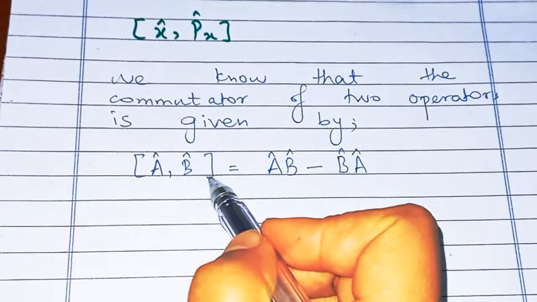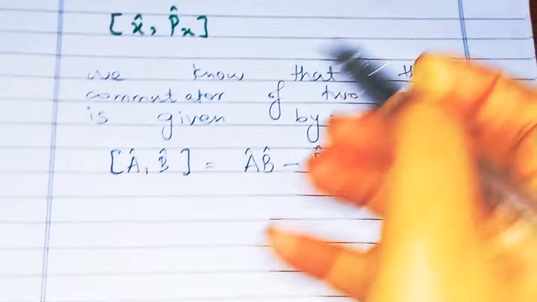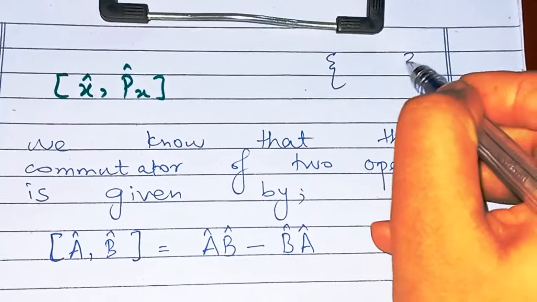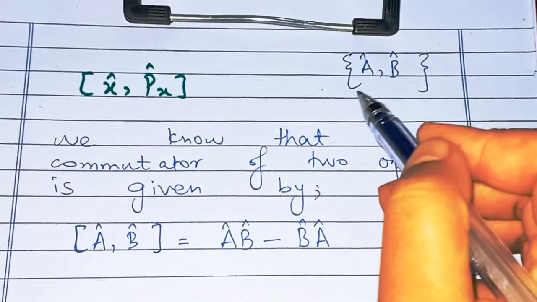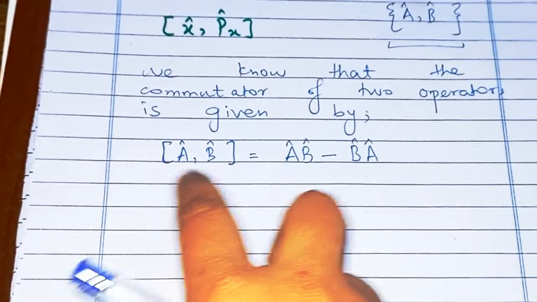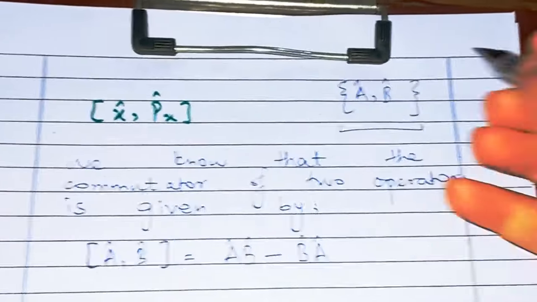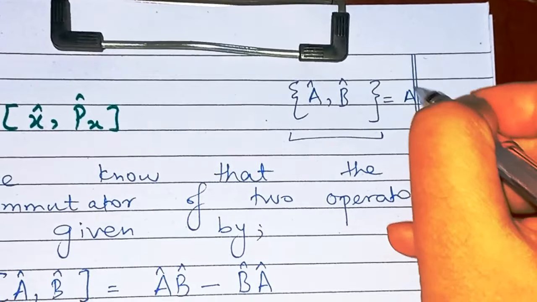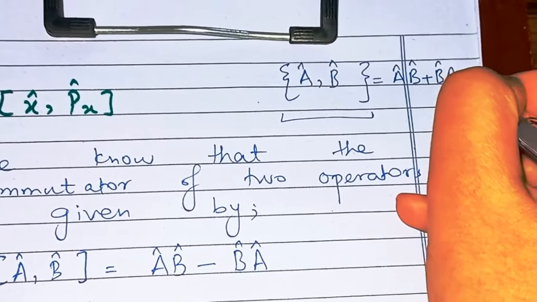And we can see the representation, there are square brackets in there, and if these brackets are used in a question, then it means it's an anti-commutator, it's not a commutator. In a commutator we have these square brackets. This representation is for the anti-commutator, and the anti-commutator actually equals A operator times B operator plus B operator times A operator.